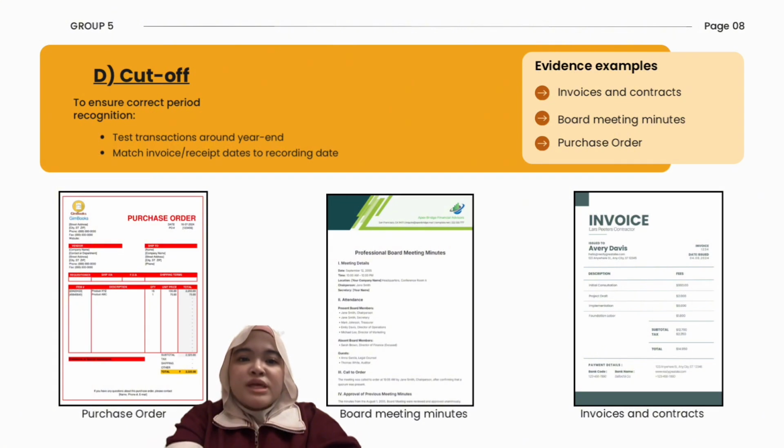The auditor will also match the invoice date and goods receipt date with the recording date in the system. In the picture, examples of evidence include invoices and contracts, board meeting minutes, and purchase orders. This process helps ensure that there are no transactions recorded in the wrong period.